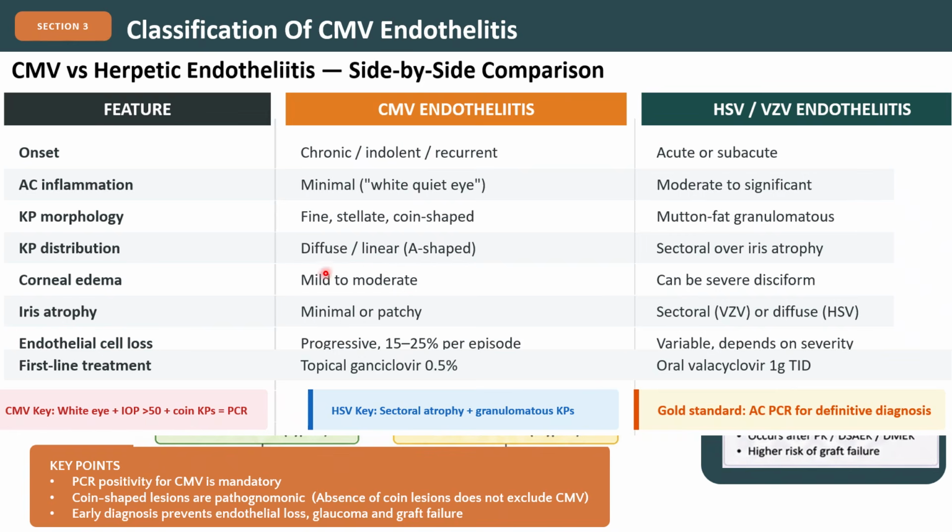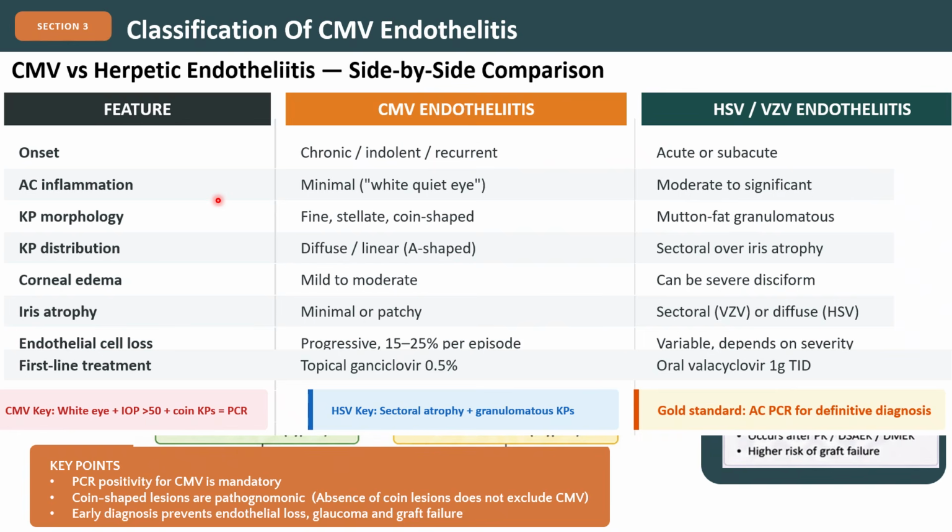Now, this is a quick comparison between cytomegalovirus endotheliitis and herpes simplex and zoster endotheliitis. In the lecture of keratitis, about herpes keratitis, we have spoken about this entity, that herpes viruses can present as diffuse endotheliitis, linear endotheliitis, or disciform endotheliitis. And now we have to differentiate it from cytomegalovirus endotheliitis.